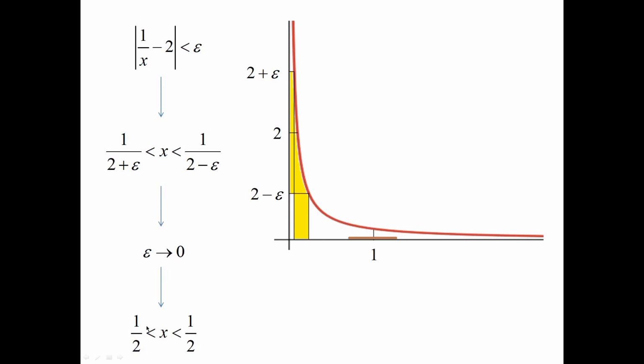And this is actually telling us what x should be if we had a limit of 2. So if our limit is 2, which we're saying it is here, then we should have an input of 1/2. But either way, there's no way we can get 1 into that yellow region. There's no delta that we can choose, and so this is not a limit.